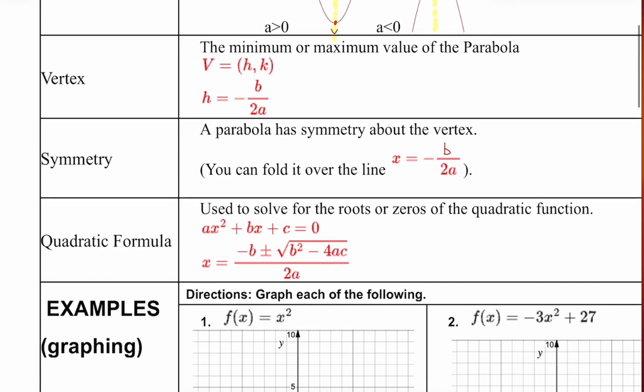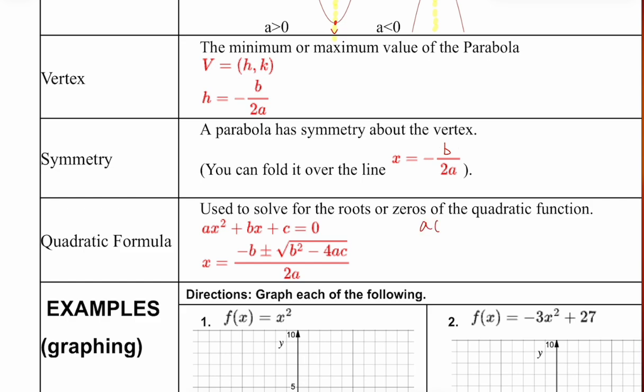You may recall the quadratic formula. If this part of the quadratic formula is 0, you might recognize our negative b over 2a is in there. Okay, but let's talk about the quadratic formula. If you want to solve for the roots or zeros of the quadratic, if it is factorable, you don't have to use the quadratic formula.